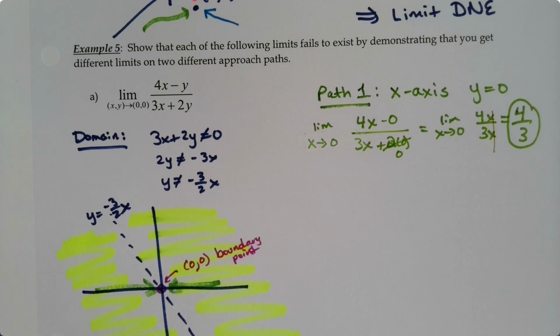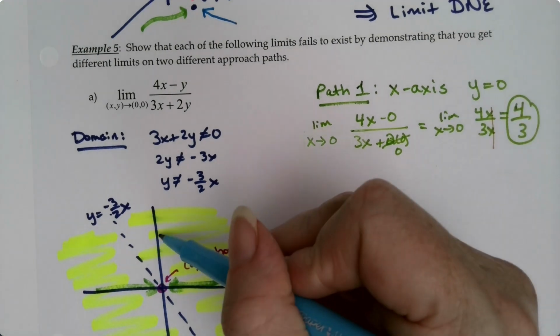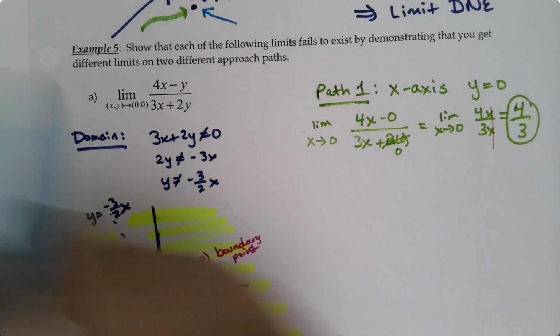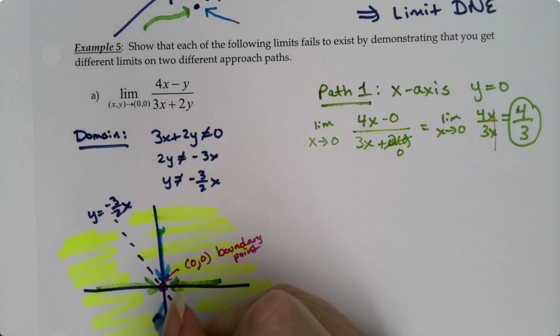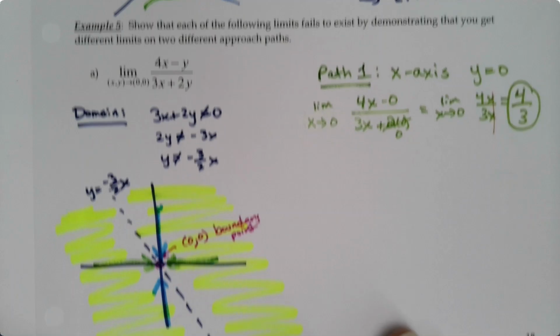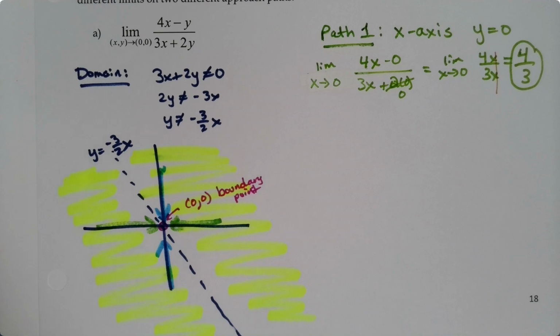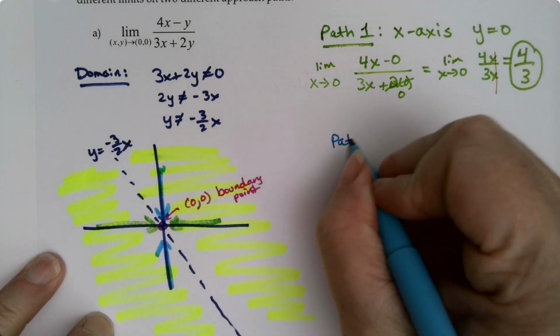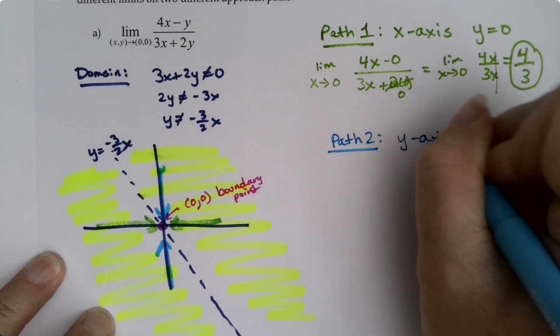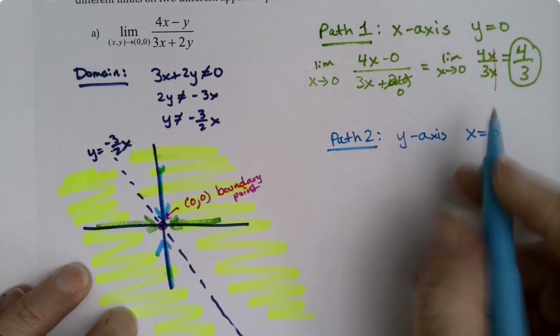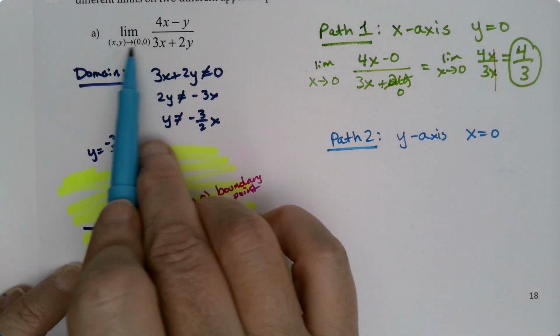Well, the other easiest path besides the x-axis is the y-axis. So what if I approach down the y-axis like this, heading towards the origin? Okay, so let's take path number 2, the y-axis, which is x equals 0. When I put that in, there won't be an x anymore.